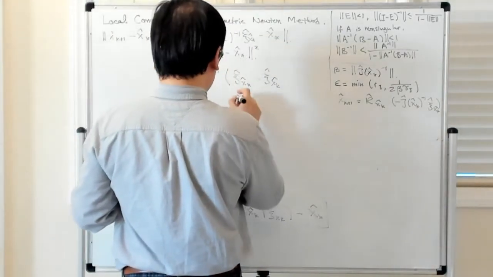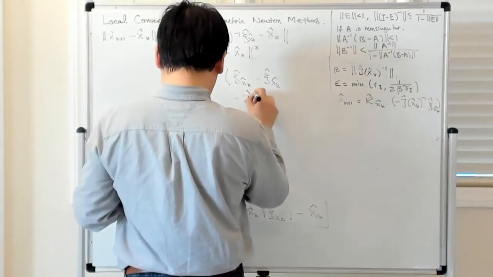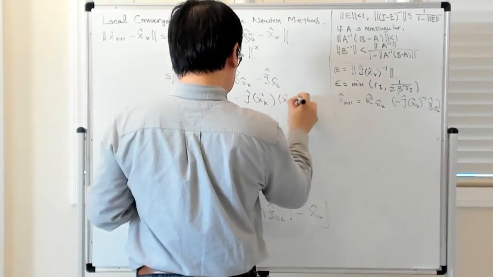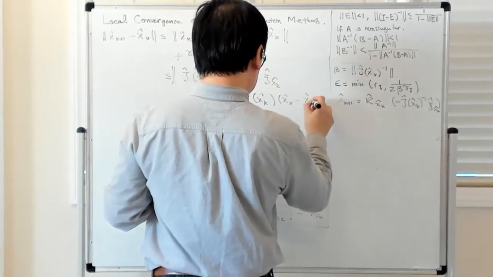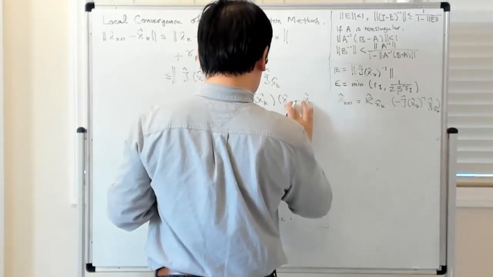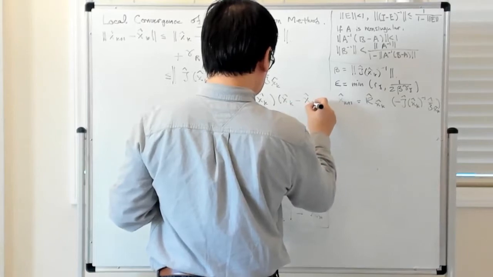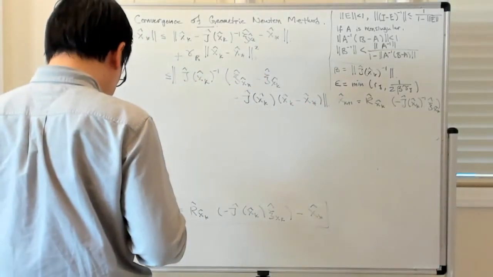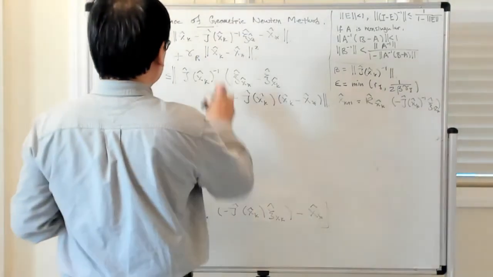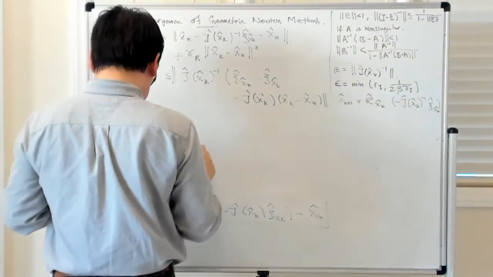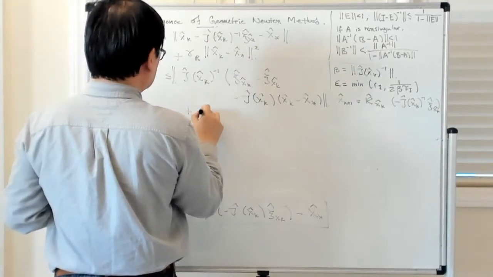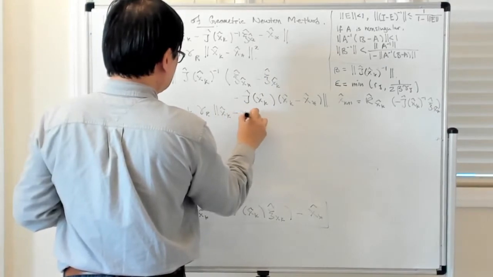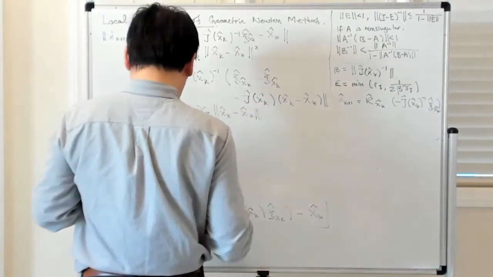So minus J hat(x_k hat) applied to this. That's just the first term. I still have the second term as before, plus gamma_R times x_k hat minus x star hat, squared.